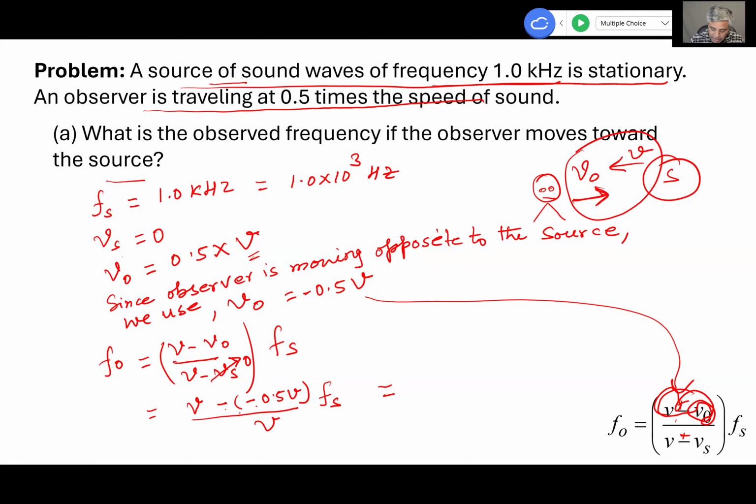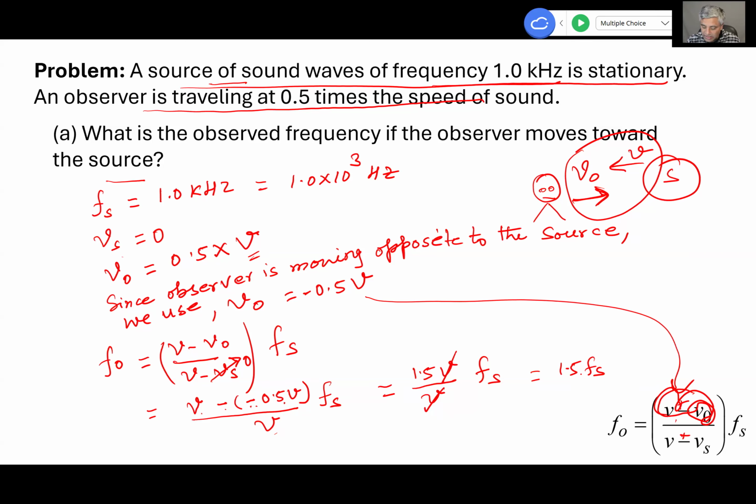This negative and negative becomes positive, and this V plus half V means how much? 1.5 V, and divide that by V, and there is Fs, so V cancels. See, we don't need to write the value of the velocity this way. So it looks like the frequency becomes 1.5 times the source frequency.